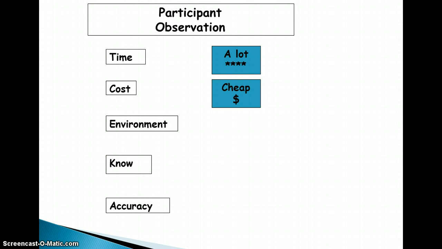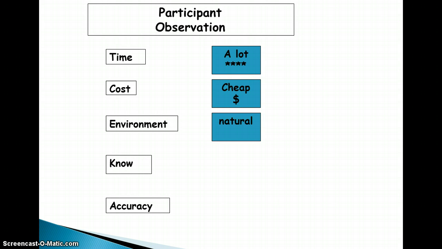The only thing you might need to do is have the paper to jot those things down on. Maybe you have to pay for a membership if you're going to observe behavior at the YMCA, you might have to join the YMCA or things like that. But for the most part, if you're already part of the group, it's not really going to be cost up and beyond what you're normally paying.